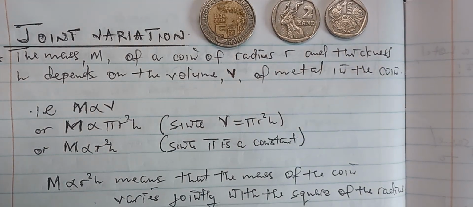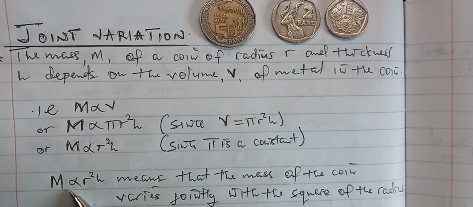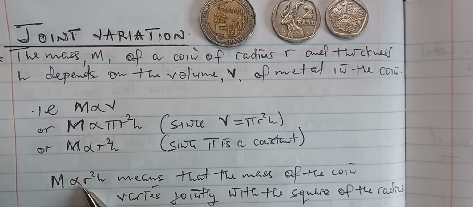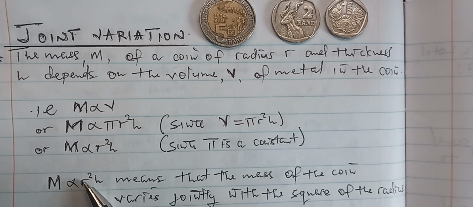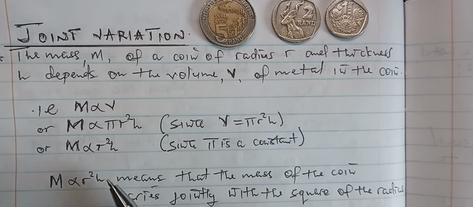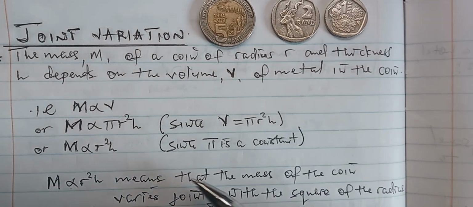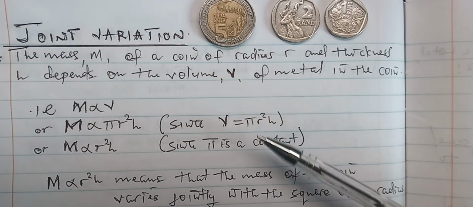This simply means that m varies jointly with the square of the radius and the thickness. This statement is explaining the concept of volume.